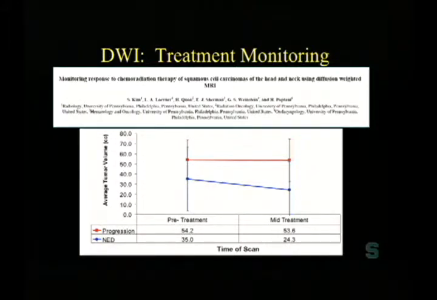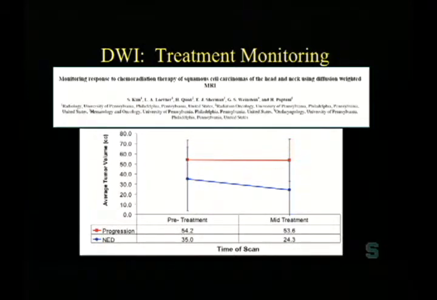So this was a nice paper published from Penn a few years ago. What this demonstrated was the following. In red right here, these are patients that underwent diffusion imaging pre-treatment and mid-treatment. And in red here and in blue here, this demonstrates the changes in the tumor volume. In red here, these are patients that progressed, and in blue here, these are patients that had no evidence of disease.